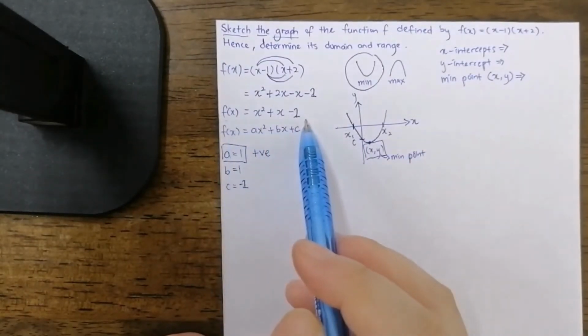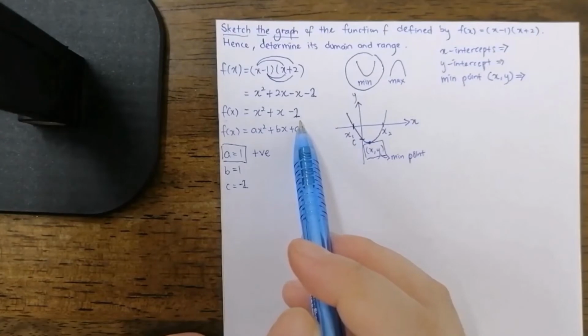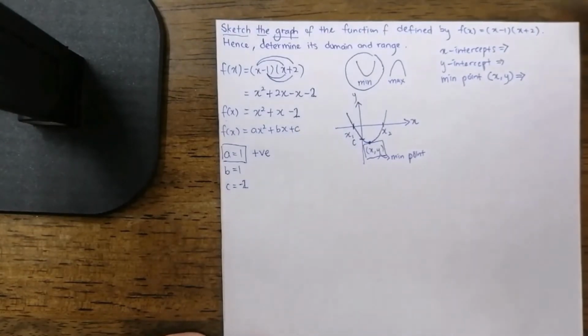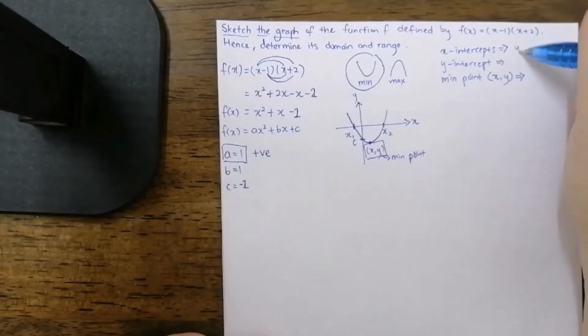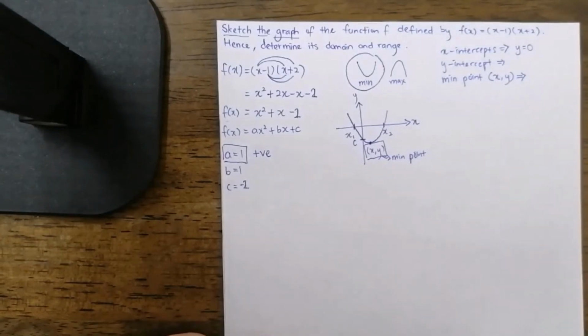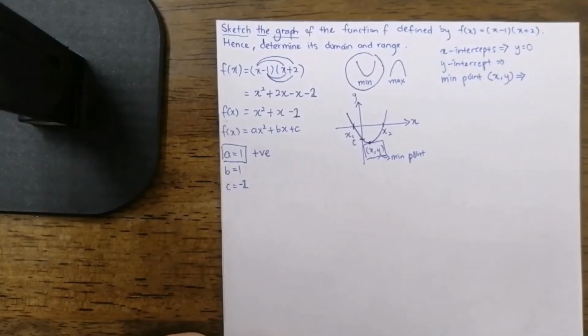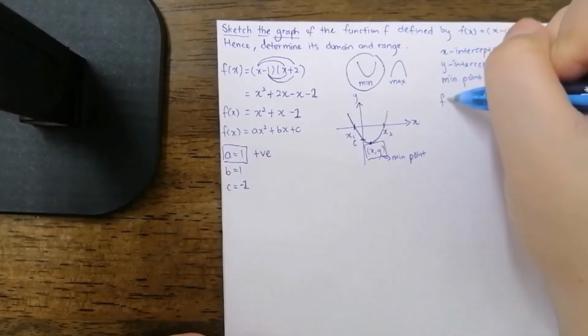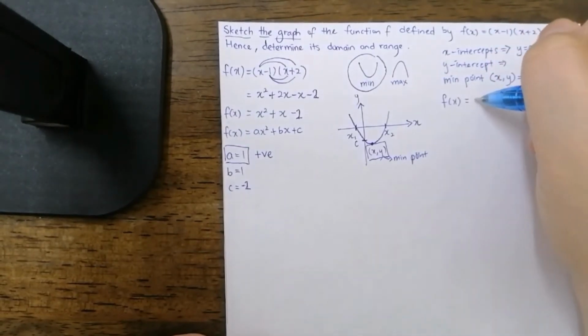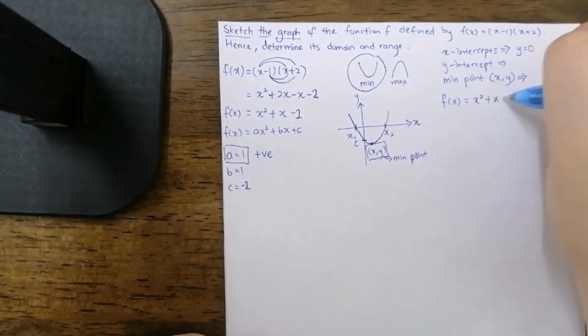Okay, so to find the information we need to use the equation given. So to find x-intercept, let y equal 0. It means that let f(x) equal 0 because y is the same as f(x). So rewrite the equation here.